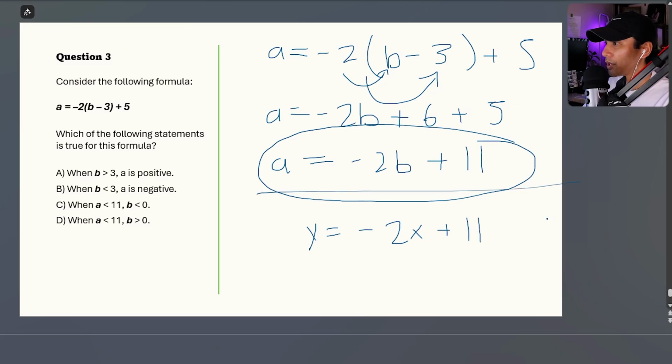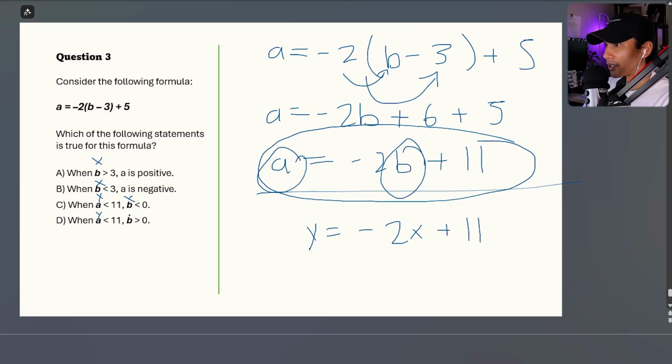That is something that we are familiar with. We are not familiar with this a and this b, or I'm not familiar with that. I don't know about you, but I'm not familiar with something like this. I'm familiar with something like this. Okay, what we can do is just rewrite the whole formula and statement with x's and y's. So we could go like this. This is y, this is x. That's a y.